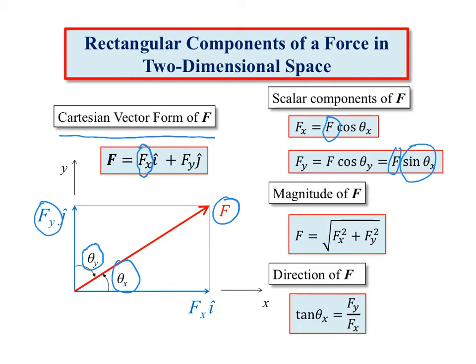If we have the components, the magnitude of the force F is just the square root of the sum of the squares of the individual components. Also, for the direction of the line of action of F, the tangent of theta x is just equal to the opposite, F sub y, over the adjacent, F sub x.